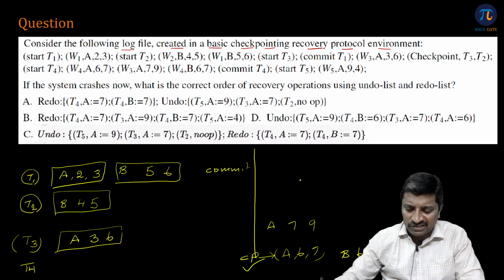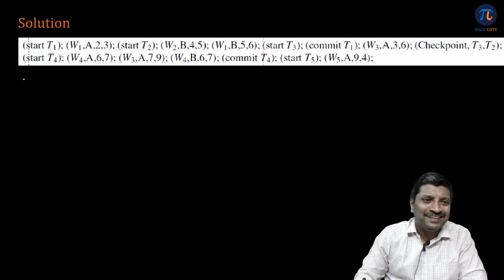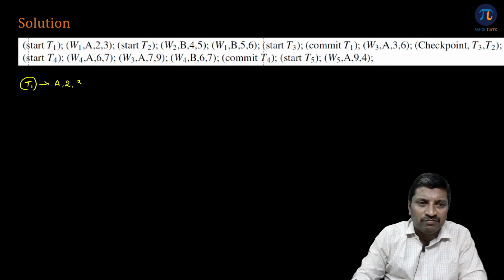I think it is better to write in the next slide, sir. Let me write it again. I am redoing the operations, right? Since I cannot fit all the transactions, I am again redoing the story, sir. T1 was started. It modified A from 2 to 3. Then T2 was started.